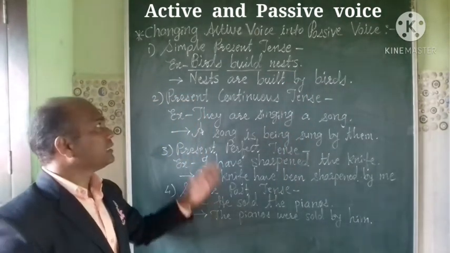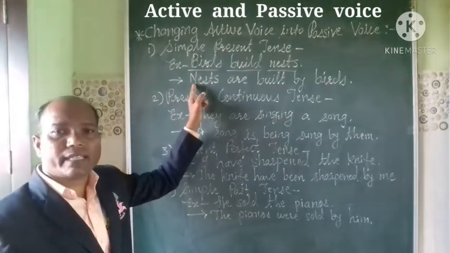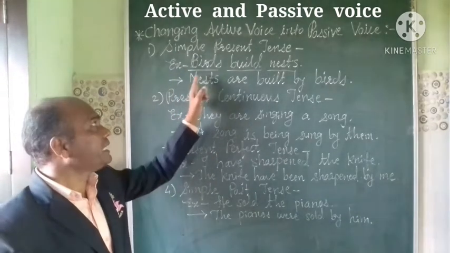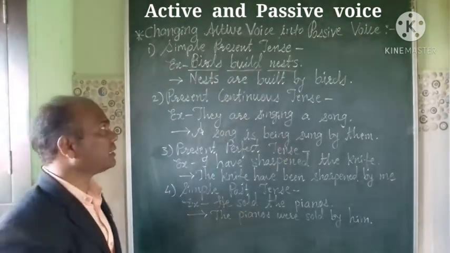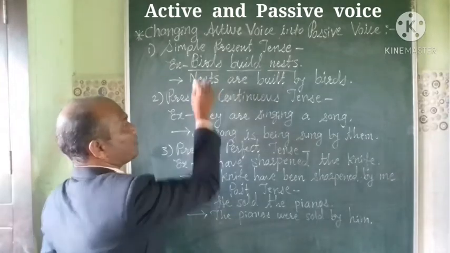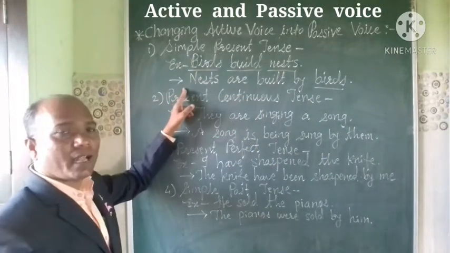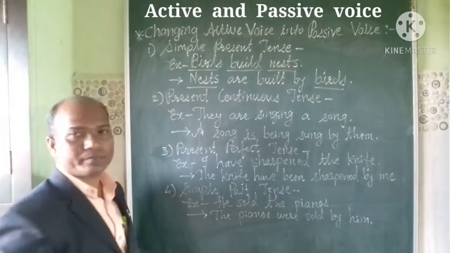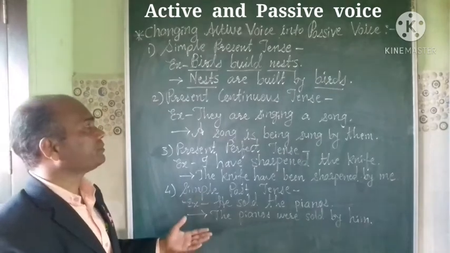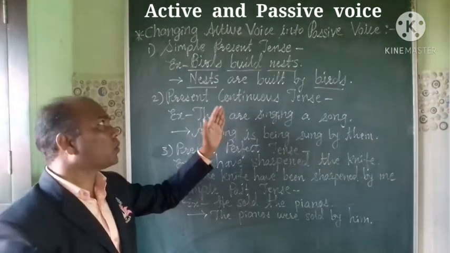While changing an active voice sentence to the passive voice, which is the next step? We have to interchange the subject and object. Here the subject birds becomes the object in the passive voice and nests, this object, becomes the subject. Okay. Next we have to use the suitable to be form of the verb.